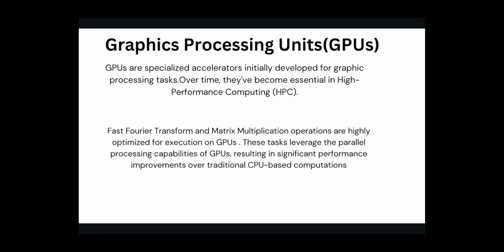When we talk about high performance computing these days, there are a lot of domains, like fast Fourier transform and matrix multiplication operations, that could be highly optimized for execution on GPU. These tasks leverage the parallel processing capabilities of the GPU, and it gives significant improvements over traditional CPU based computation.